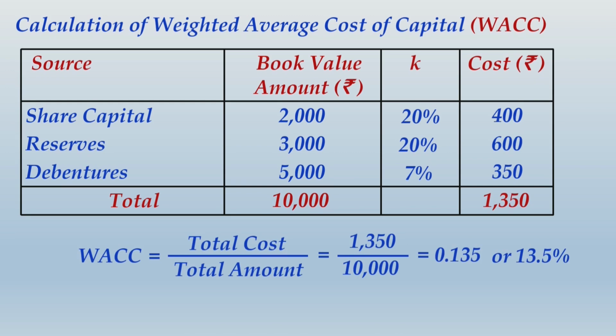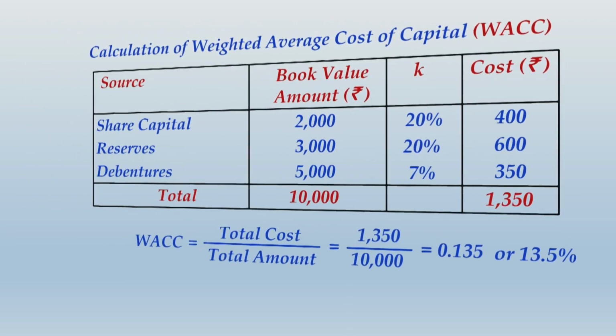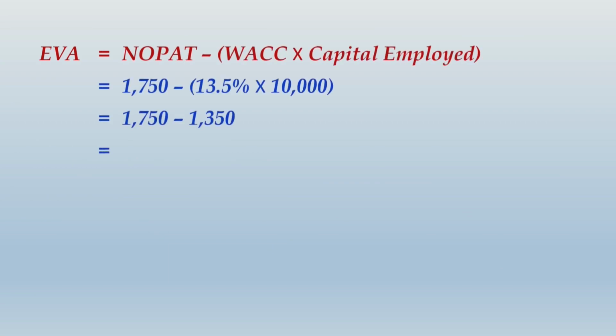After computing weighted average cost of capital, what you just need to do is move ahead and apply this equation now. EVA is net operating profit after tax minus the multiplication of weighted average cost of capital into capital employed, and that will be 1750 minus 1350.